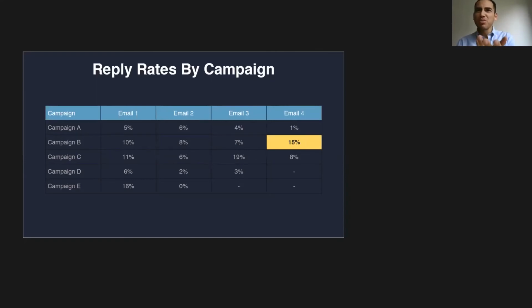Typically, the first one that we sent, we had like 1%, then 15%, and then 8%. And you look at campaign D, the last email that we sent was at 3%. Campaign E, the last email that we sent was at 0%. And so I'm starting to wonder, why are we seeing 15% reply rates on this last email in this specific campaign B? And I think what we found is something that you guys might find helpful.